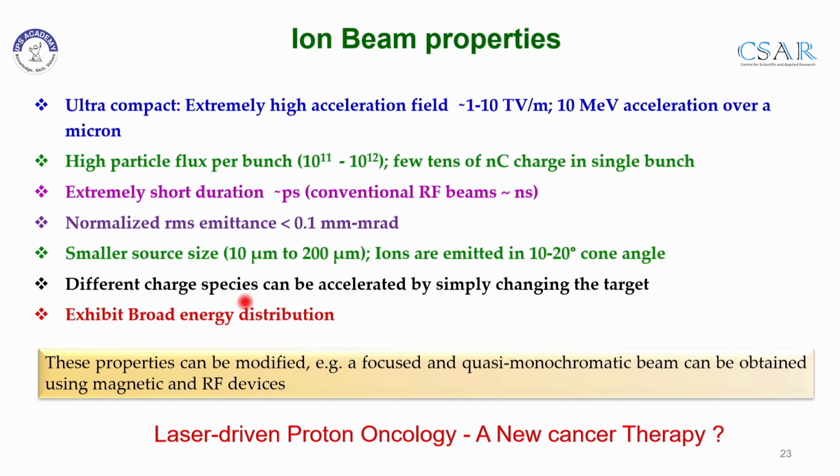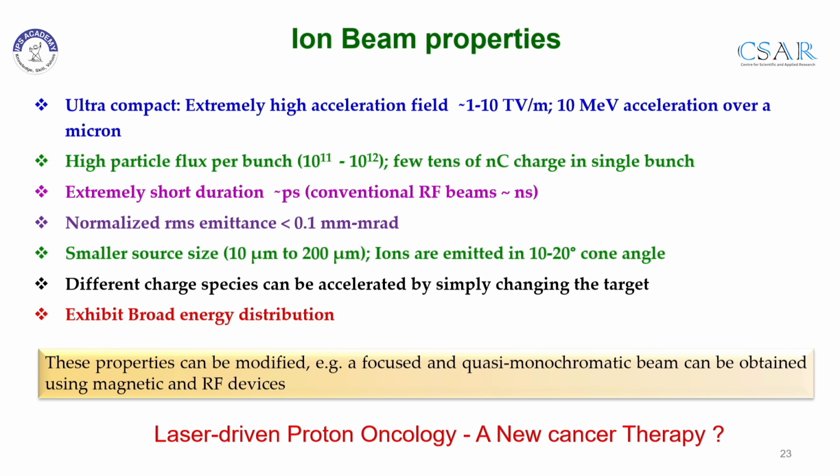One can use this for imaging applications and proton radiography. The divergence is not very low, but it is considered to be small, 10 to 20 degrees in cone angle. Not only protons, but we can also accelerate different ion species simply by changing the target. You can have carbon, copper ions and gold ions.